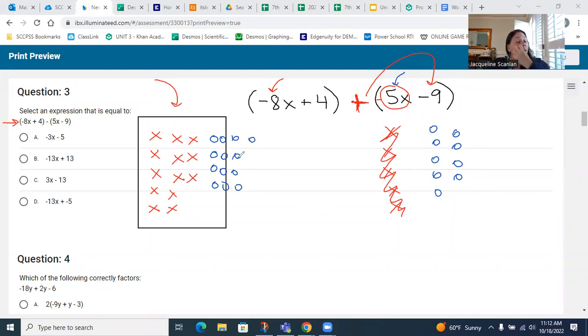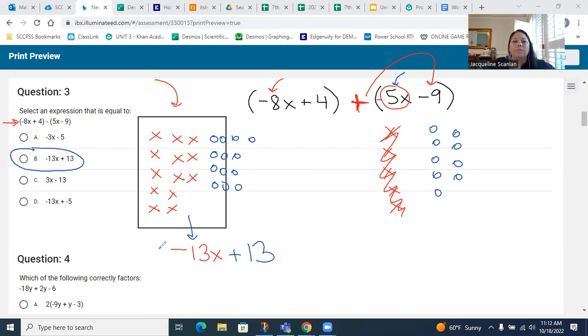And so this now is my final answer. So my final answer is going to be, if I counted up all the red x's, I would have 13 of them. So I have -13 x's. And if I added up all the blue marbles, there would be 13 of them. So +13 because it's positive. So this is the correct answer.